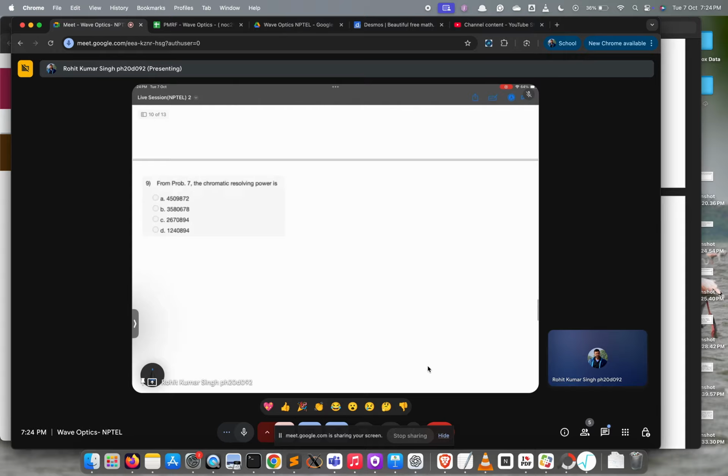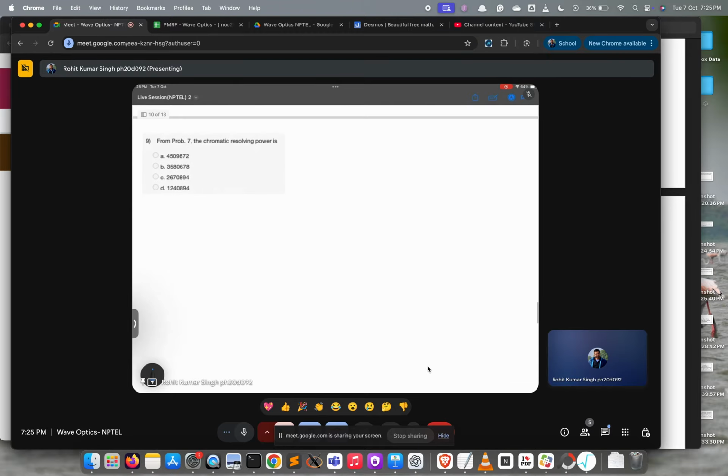Then we have to find the resolving power, lambda by delta lambda, which is pi h root f by lambda. So you have everything.